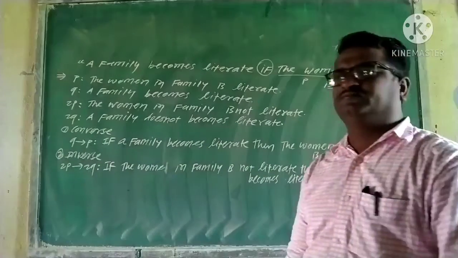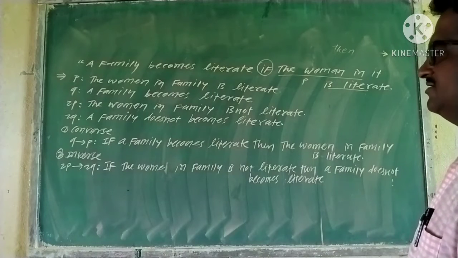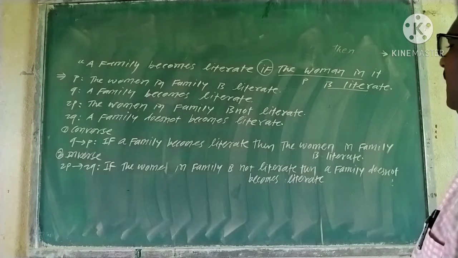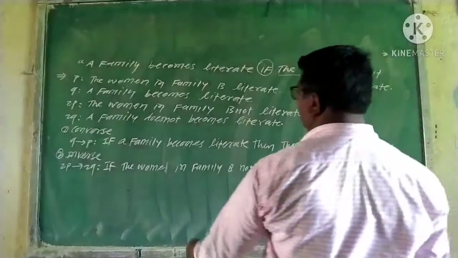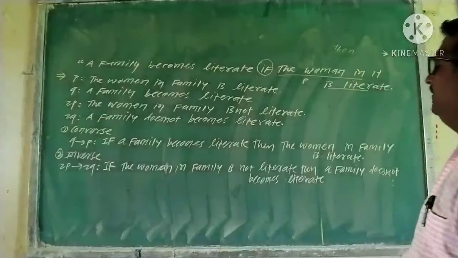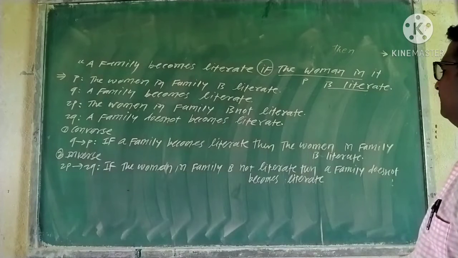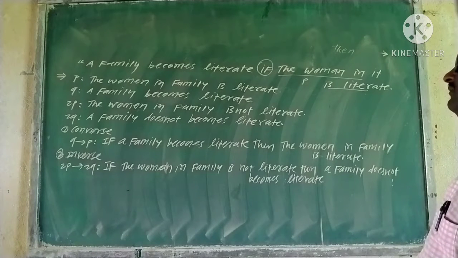And last, negation P implies negation Q, the inverse: if the woman in the family is not literate, then the family does not become literate.